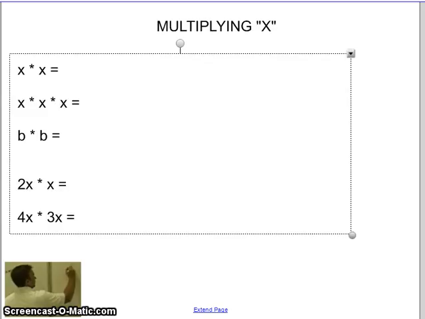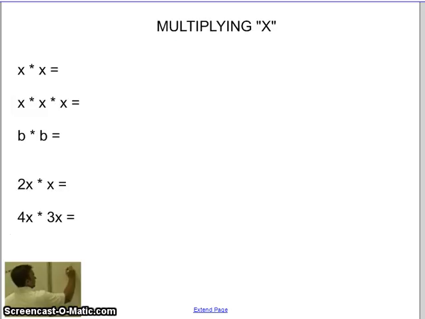Now, what we're going to do is we're going to be multiplying x, and we have to remember how to multiply x. So if we're doing x times x, remember that's x squared, because we're multiplying x twice. If we're multiplying x 3 times, x times x times x, that's x to the third. And then b times b is b squared.